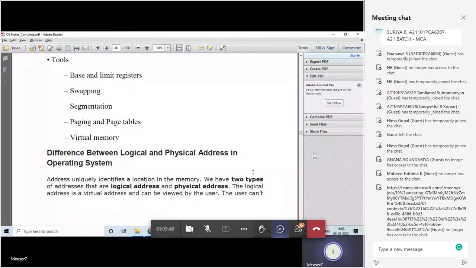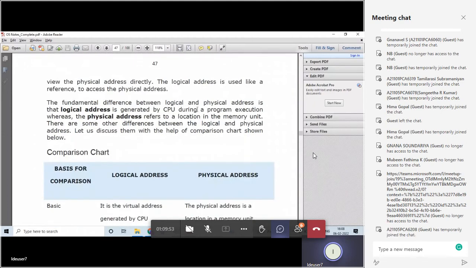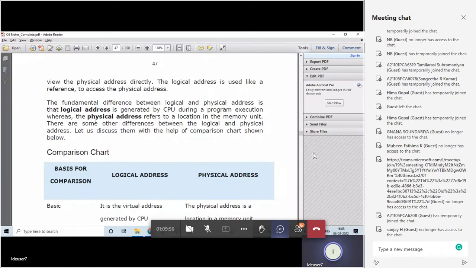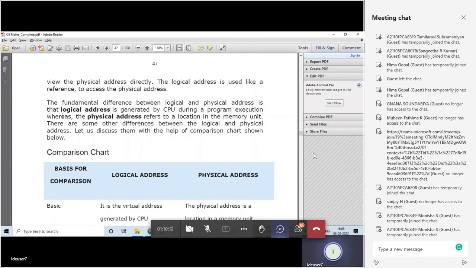Let us see first what is the difference between the logical and the physical address in the operating system. The fundamental difference is that a logical address is generated by the CPU during program execution, whereas the physical address refers to a location in the memory unit.